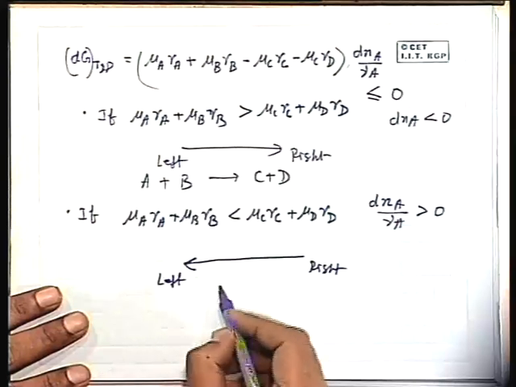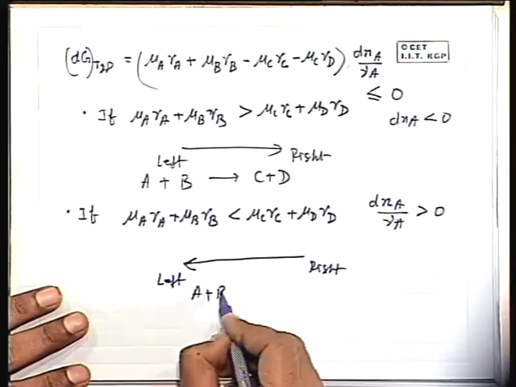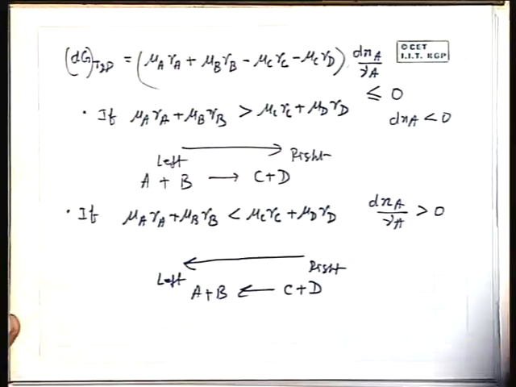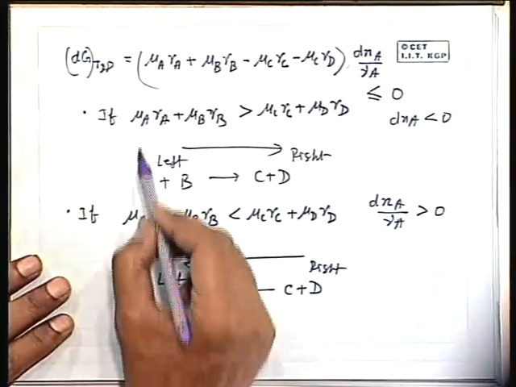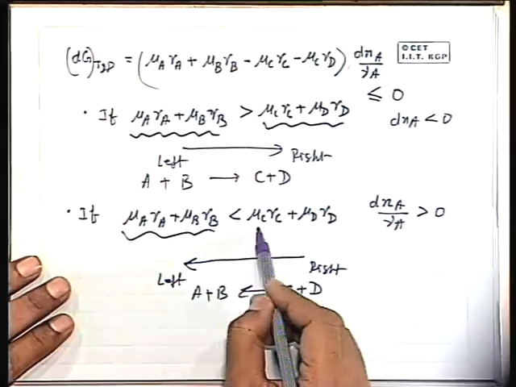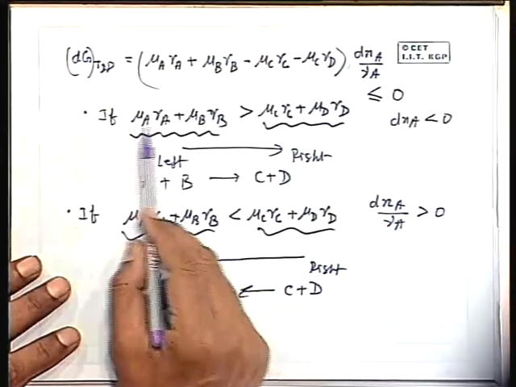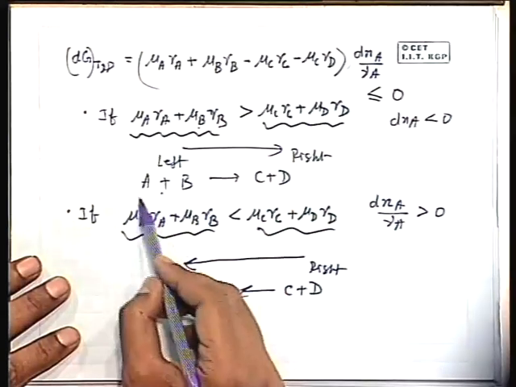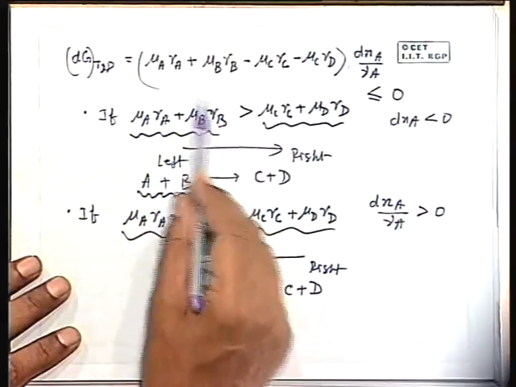So right and left nomenclature is used. That is, net reaction will take place from C plus D to A plus B. Is it clear? That means it depends upon the relative magnitudes of these two sums. When mu A gamma A plus mu B gamma B is greater, the reaction will proceed forward. That sum is actually the chemical affinity.